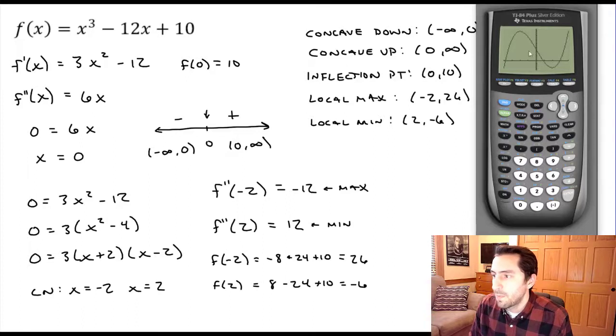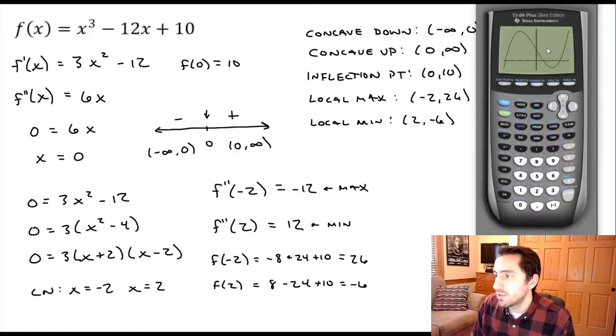And we can tell, we have our local max at negative 2, and we have a local minimum at positive 2, and then our inflection point occurs at 0. So everywhere to the left of 0, our function is bending downwards, so it's concave down. And then at 0, that switches, so that's our inflection point.